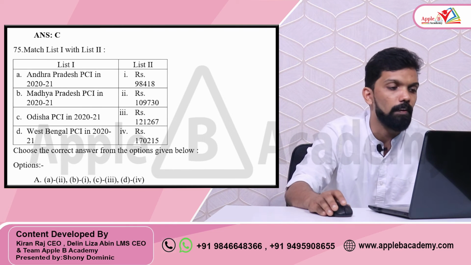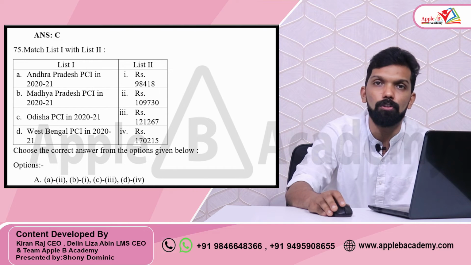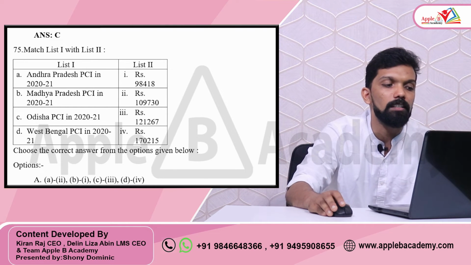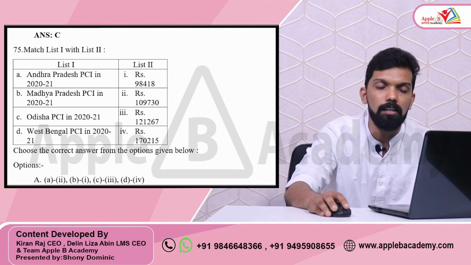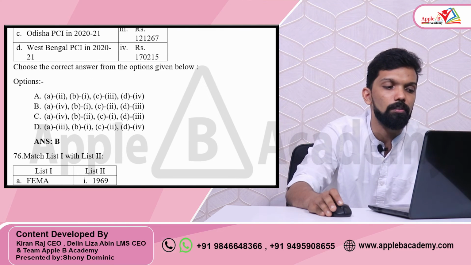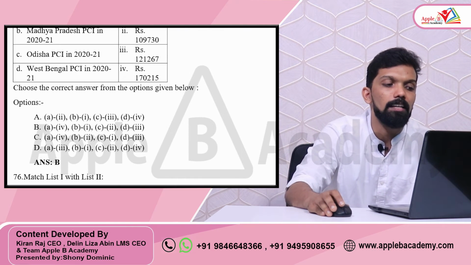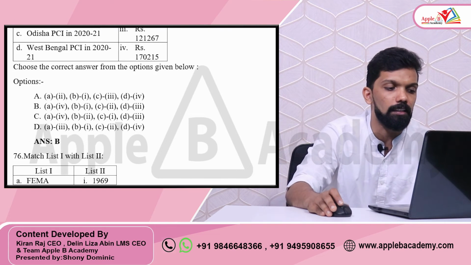So question number 75. List 1: Andhra Pradesh PCI in 2020 and 2021, Madhya Pradesh PCI in 2020 and 2021, Odisha PCI in 2020 and 2021, West Bengal PCI in 2020 and 2021. So list 2 is given by the different rates. So the right answer for this question is option B, which is A4, B1, C2 and D3.